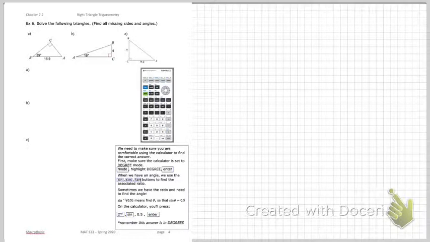Okay? So first things first, taking a look at triangle ABC, we've got that right angle at C, which is 90 degrees. We know that angle B is 39. So we know that angle A plus angle B has to be 90 degrees.